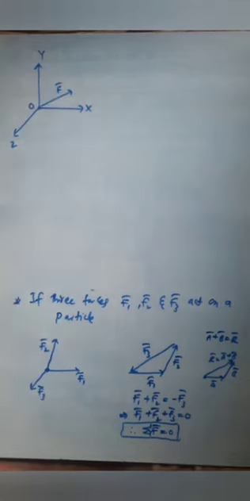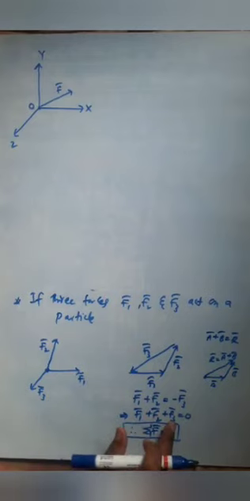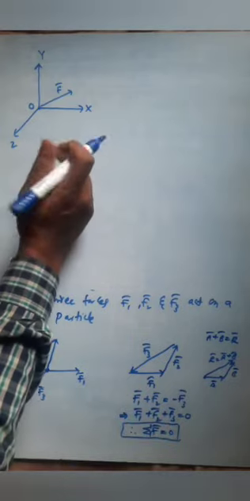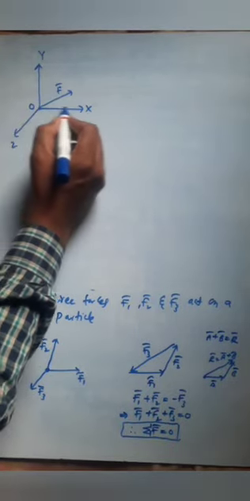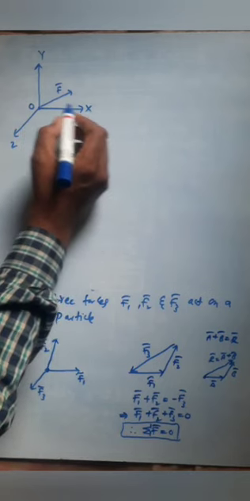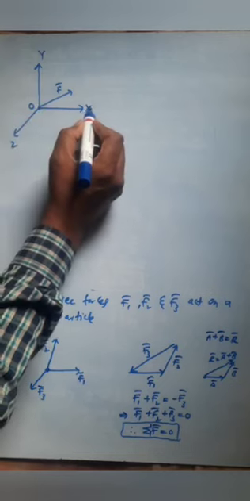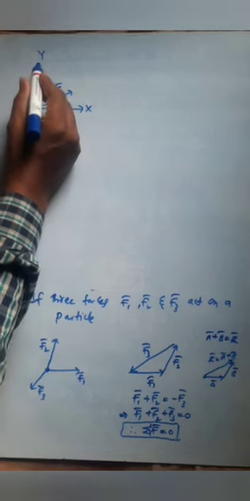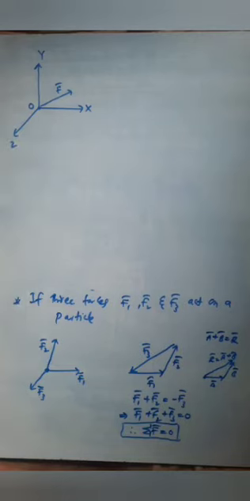F bar is resolved into 3 components: along the x axis it is fx, along the y axis it is fy, along z it is fz. So how can I write F bar? F bar is equal to i fx plus j fy plus k fz.